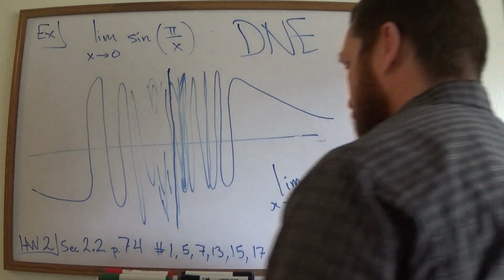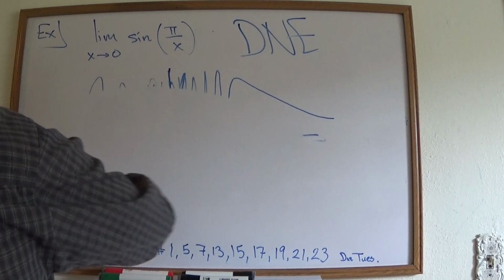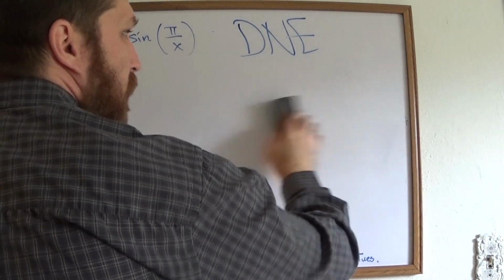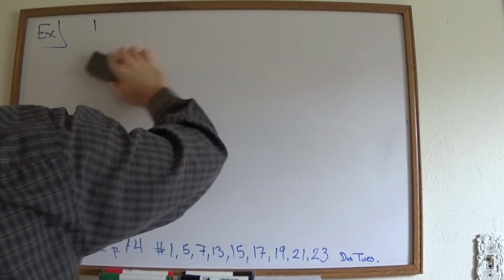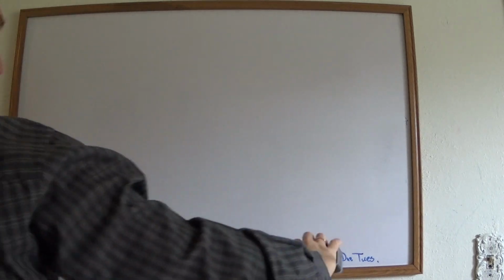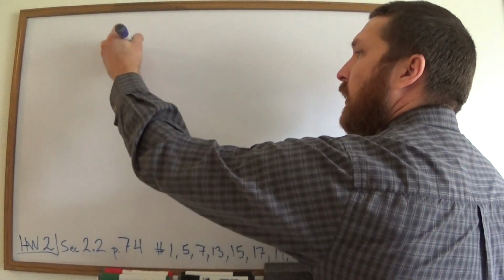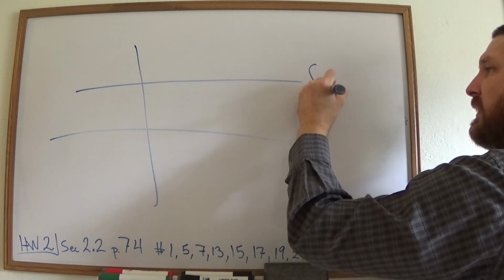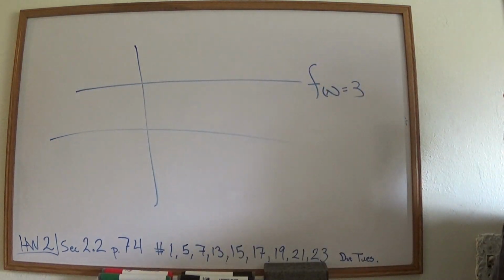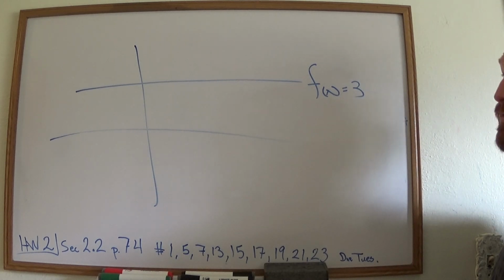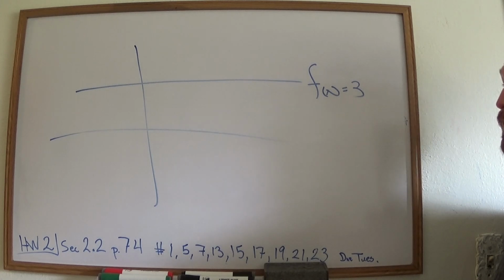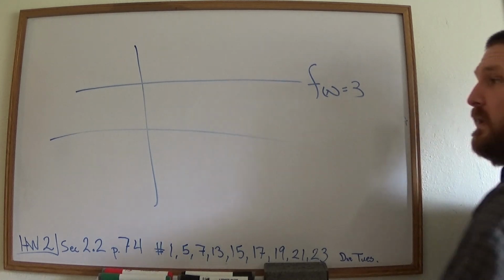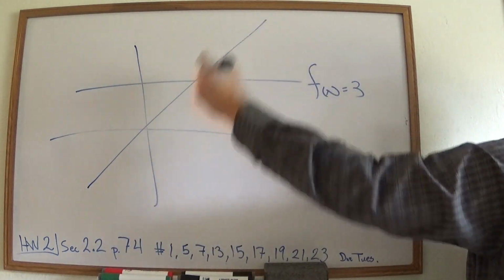Okay? It's just a straight line. What now? If the function were just a straight line, it wouldn't have a limit? Well, it depends. If f of x were y equals 3, the limit from anything would be 3, because it's always arbitrarily close to 3. But if it were this, well, where are you going?